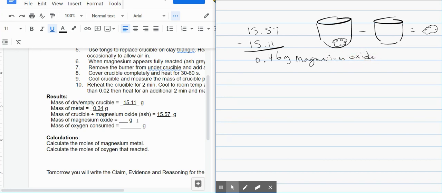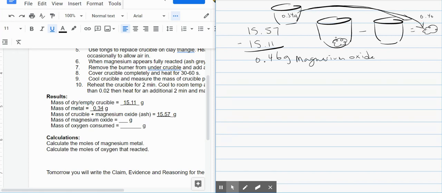Okay, so how much oxygen was consumed? Well, the magnesium little pieces in my crucible, before we burned them, had a mass of 0.34. And then after we burned it, it had a mass of 0.46. So from here to here, how much oxygen had to be added?